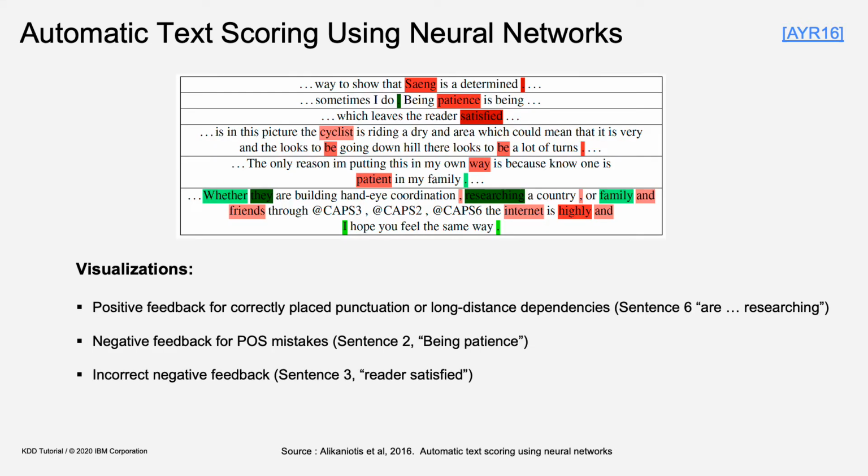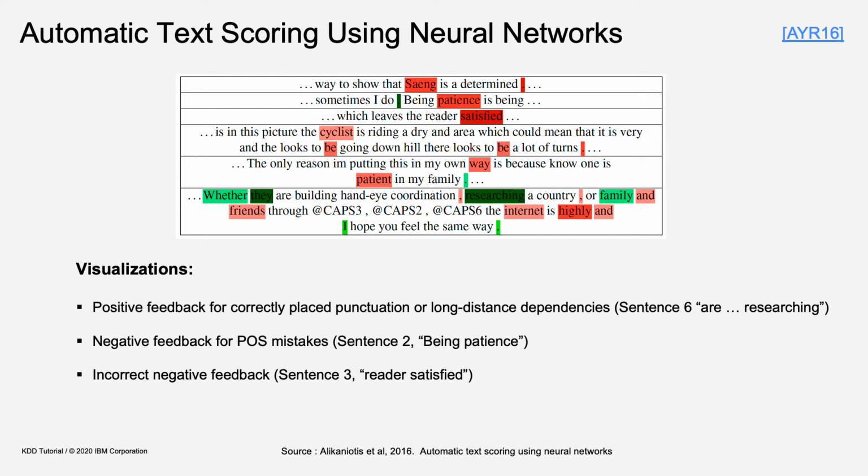In order to provide insights for different low and high scoring words, the authors visualize the gradients for them as shown in the figure here. We can observe that positive feedback is given for correctly placing punctuation or long distance dependencies. For example, in sentence 6, whether they are and researching are related and both contribute highly to the score.